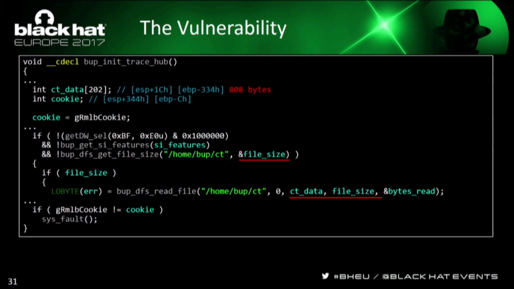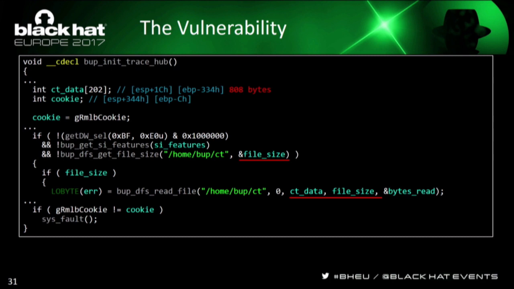As you can see, this function calls other functions, which we named BUP-DFS get file size and BUP-DFS read file, and it gives the latter an incorrect size of data to read. Instead of the size of the local buffer, the BUP-DFS read file function gets the size of the whole file.